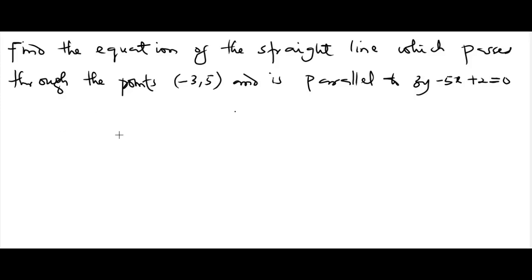This is the equation required. Find the equation of the straight line which passes through the point minus 3, 5 and is parallel to 3y minus 5x plus 2 equals 0. So this is just like what we just did. You are going to rewrite 3y minus 5x plus 2 in the form y equals mx plus c.